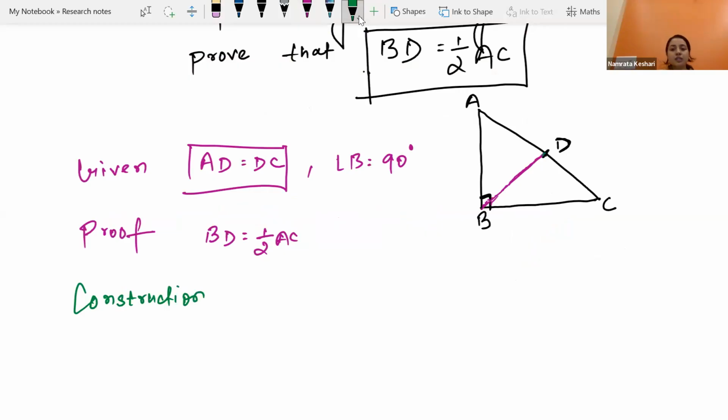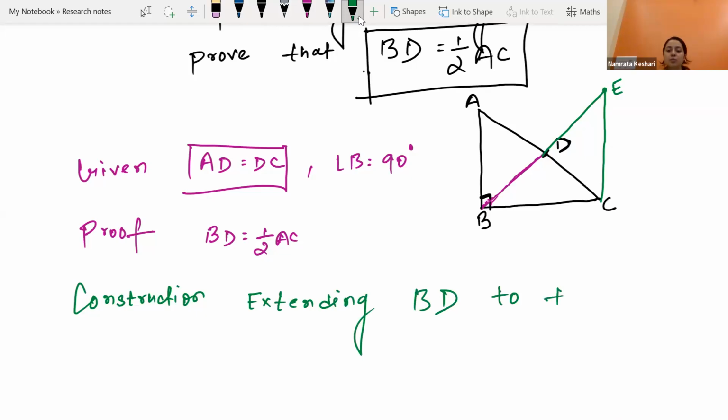We will extend this BD till a point, let's call it E, and we will join this E with C. So we are doing construction, extending or producing BD till E and then joining E with C. Or you can write it directly, extending BD to the point E and then joining E with C. And when we are extending it, we are keeping this DE length same as BD length.